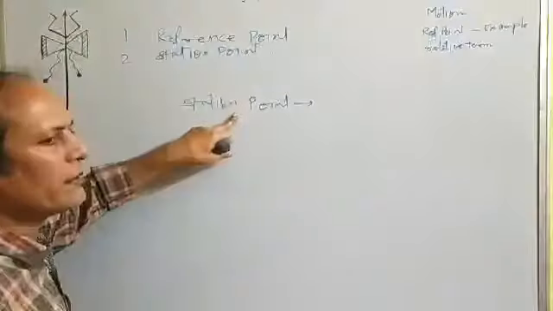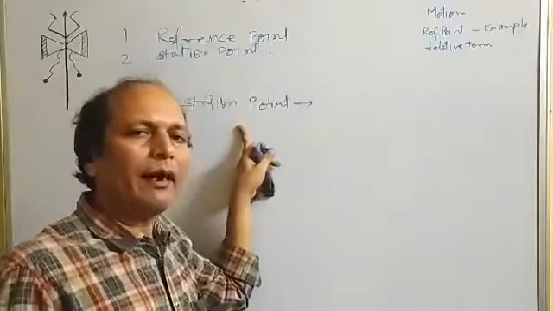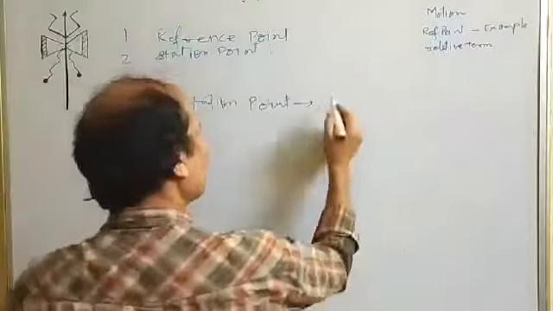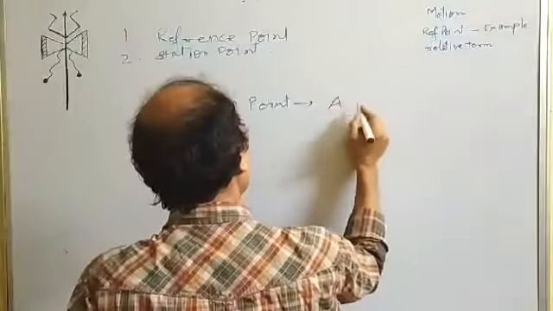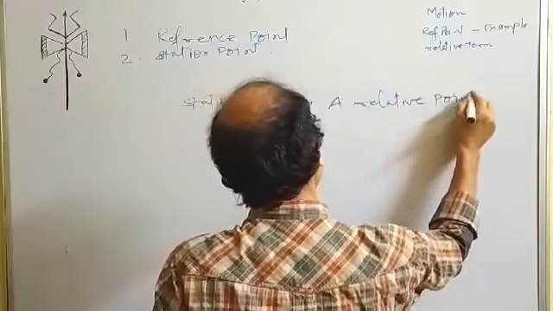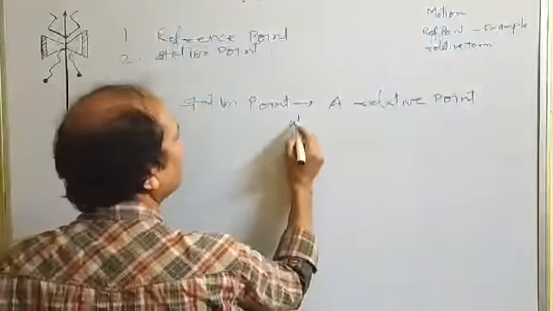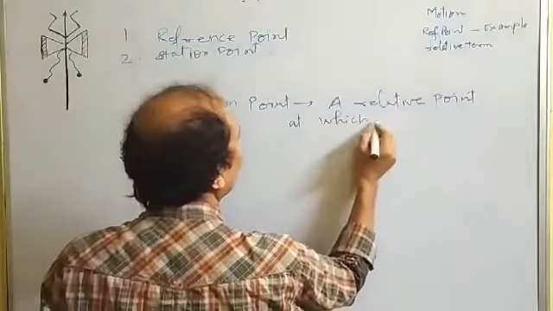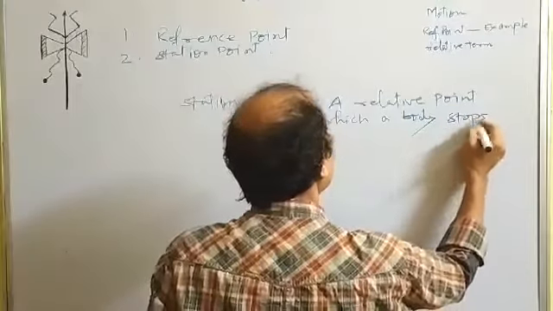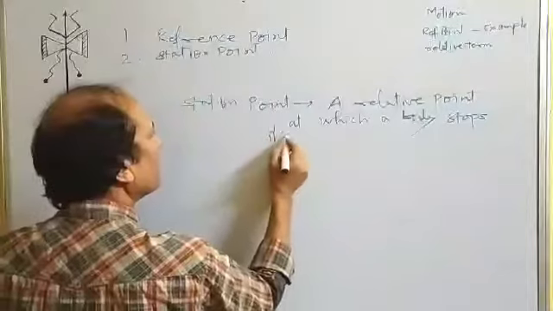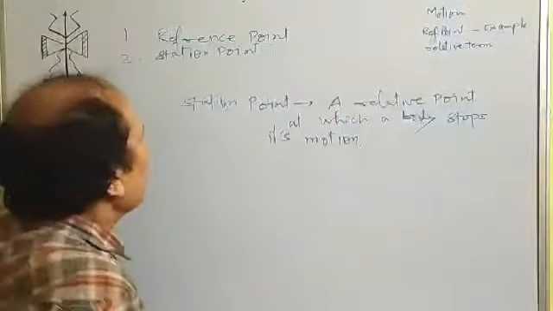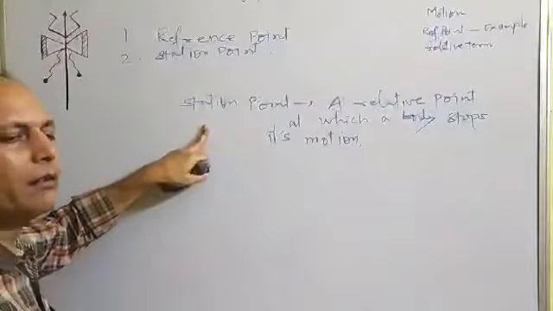In the case of station point, a relative point at which a moving body stops its motion. A relative point at which a body stops its motion. That is called station point.